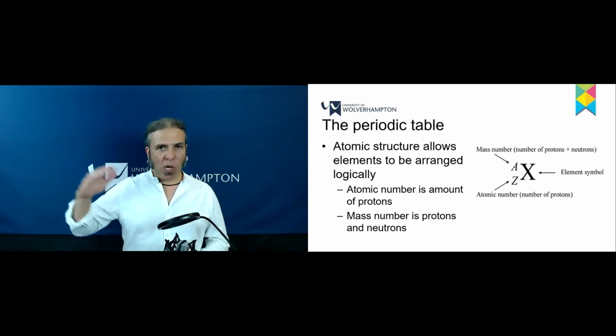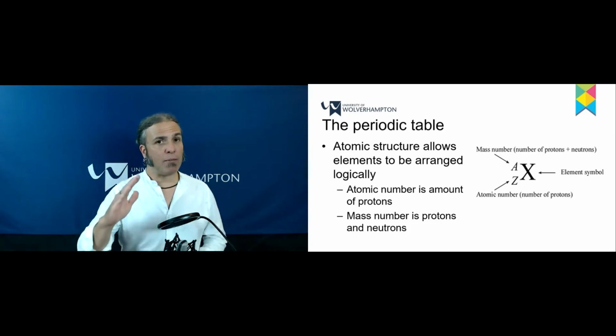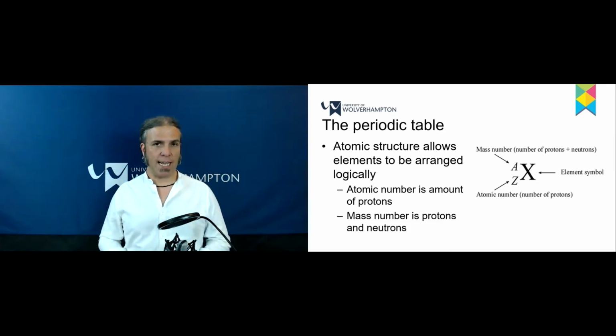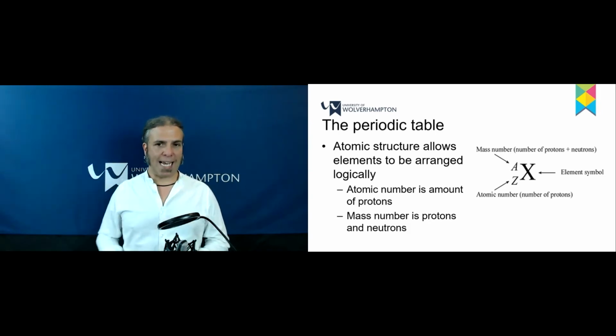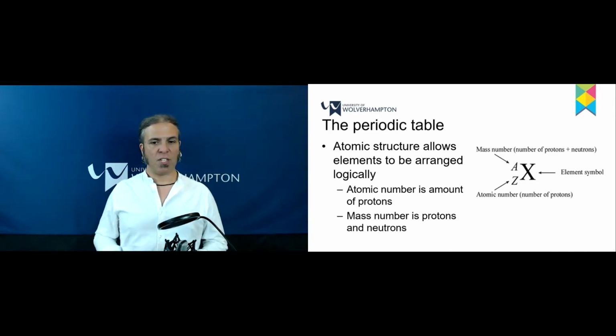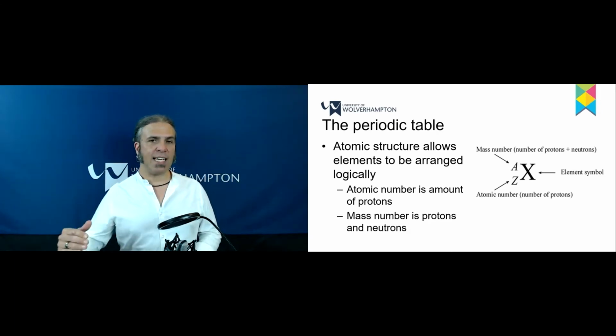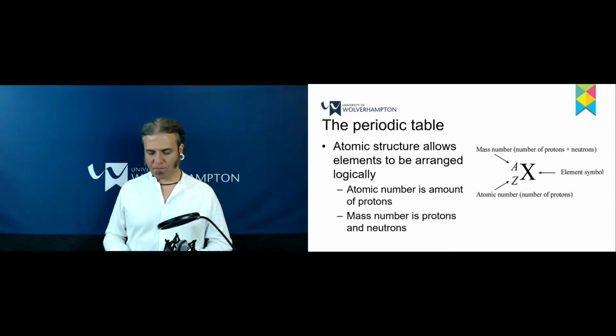The bottom number is called the atomic number, and that is the amount of protons in the nucleus of that element. The second number, which is above, labelled A, is the mass number, and that's the number of protons plus neutrons. So if we want to find out the number of neutrons, all we need to do is take Z from A, and then we're left with the number of neutrons.